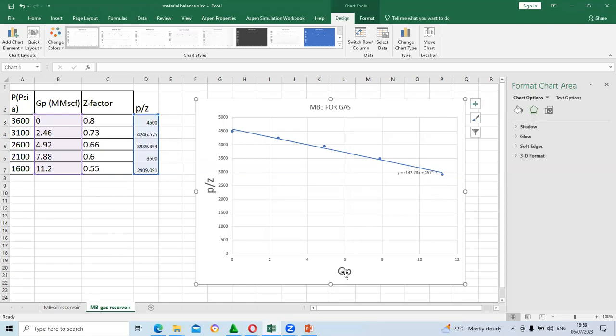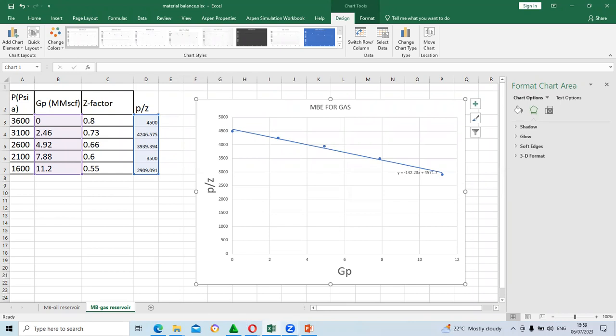An easiest way to get this G is to extend this line onto where it meets the x-axis. Where this line meets the x-axis gives us the initial gas in place. But to extend this graph is pretty difficult.